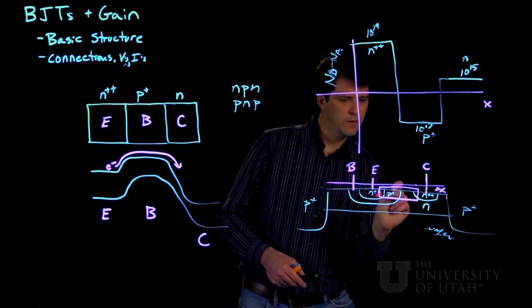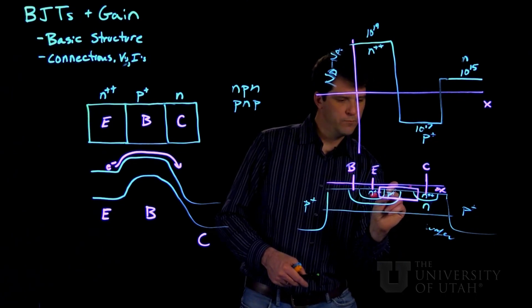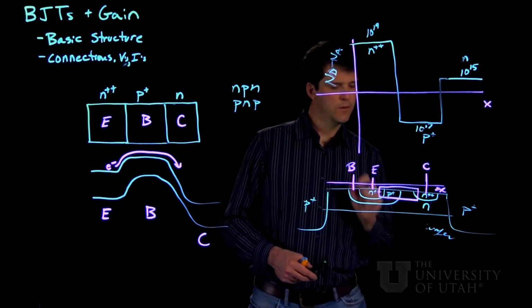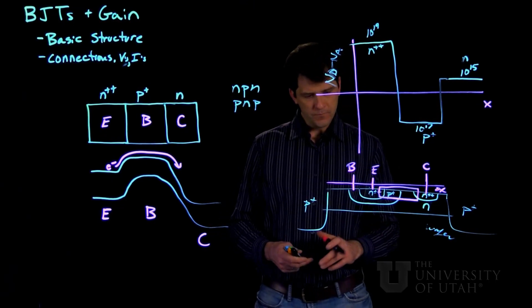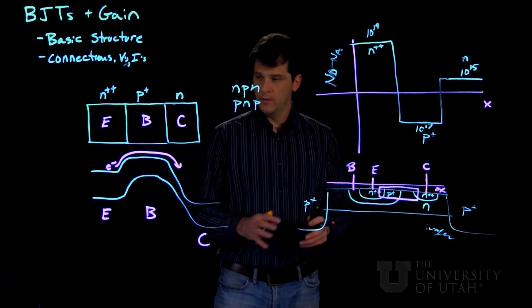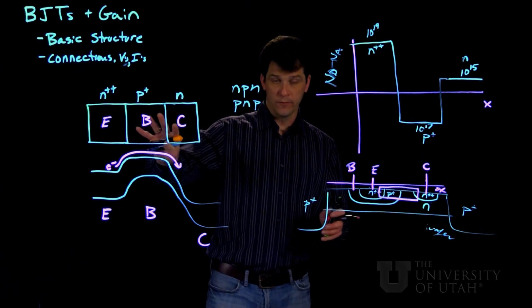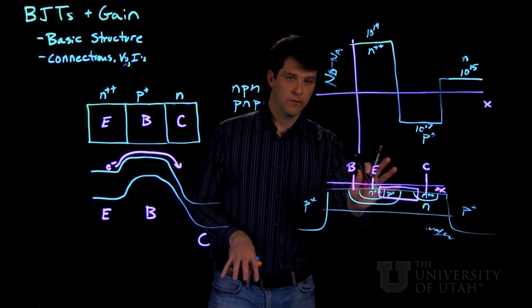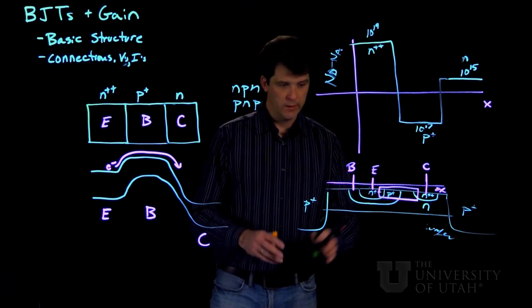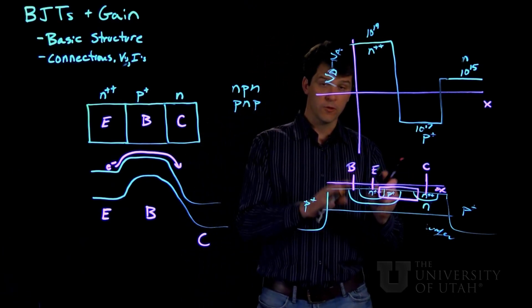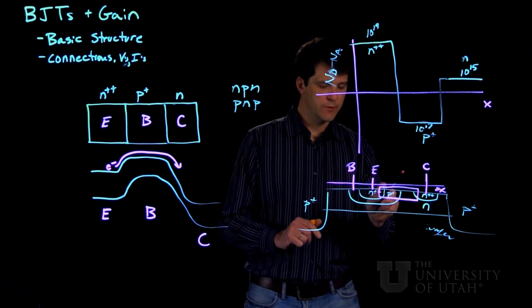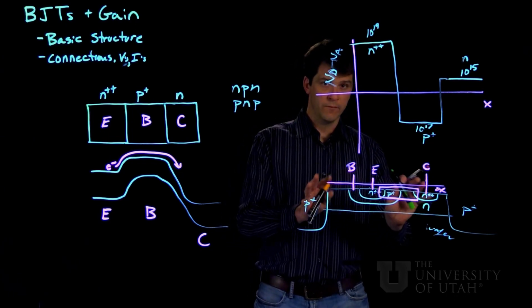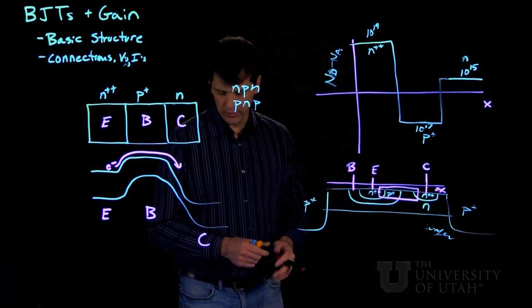But really the base to collector is between here and here. So this should be considered a block diagram, whereas the physical implementation is pictured here. It's more complicated and may have different cross-sectional areas for the different junctions, resulting from the fact that it's been fabricated in a planar process.